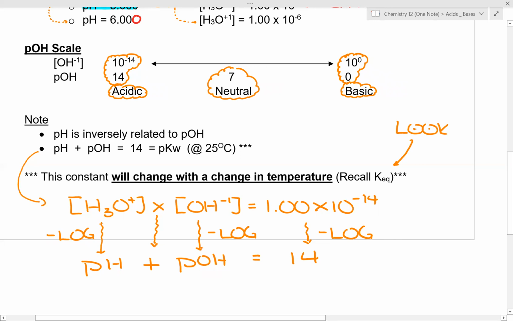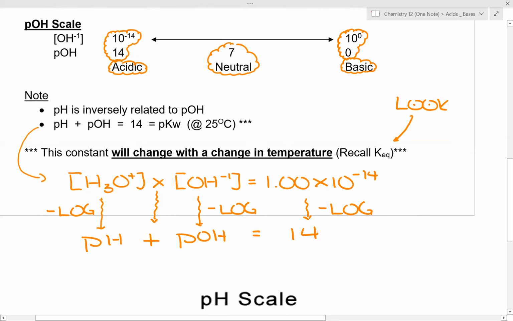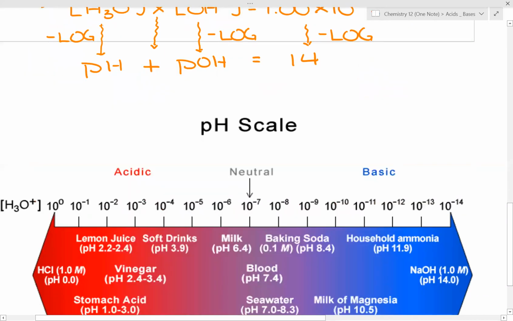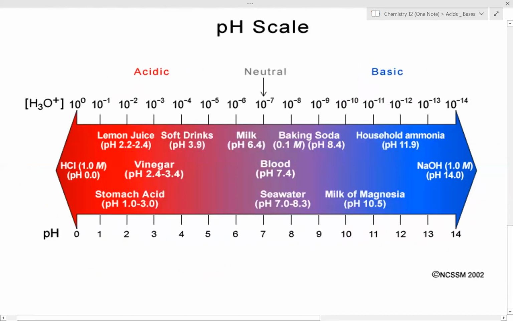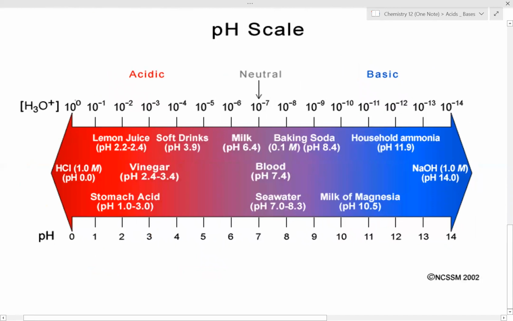Okay. Now, what I want to do is I just wanted to show you the pH scale. Some of you have probably seen something similar to this. And again, what I want you to do is notice, in this case, as the H3O plus concentration is decreasing from 0 to negative 2 to negative 4 to negative 6, notice what happens to the pH value.